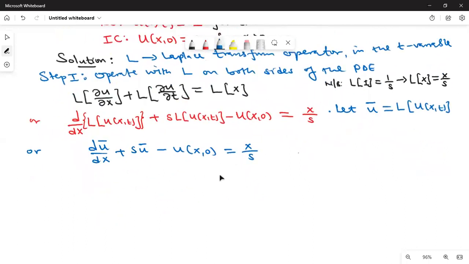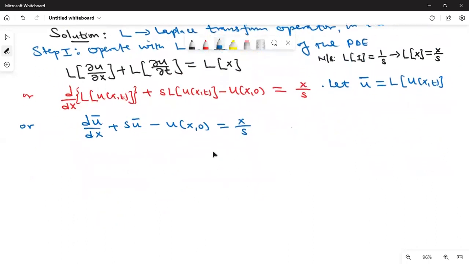Step 2, you need to apply the initial condition. Look at our initial condition from the problem.